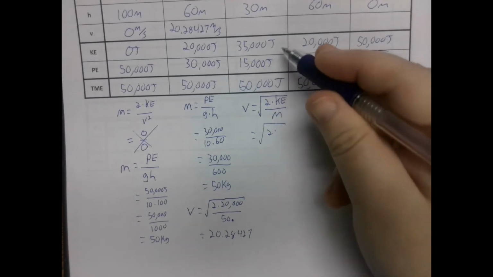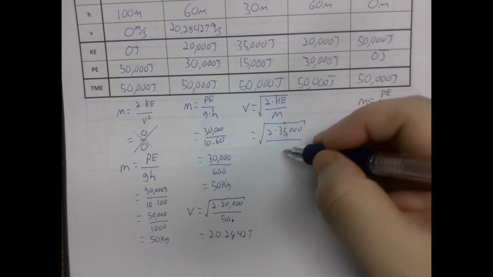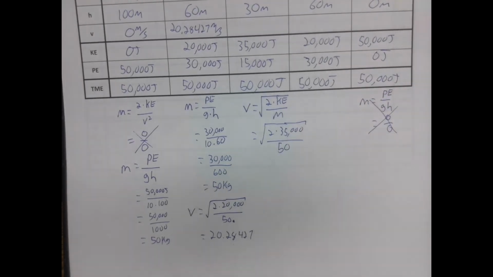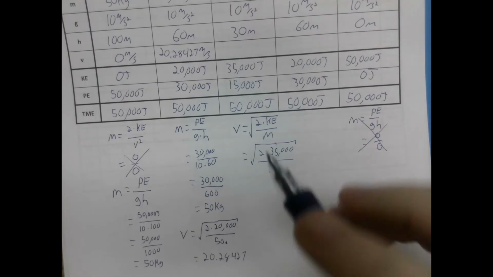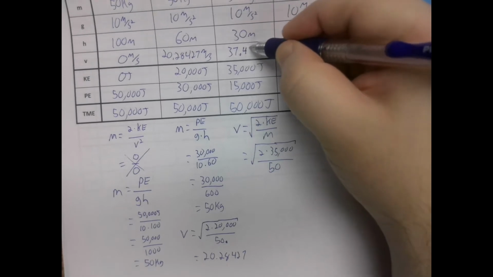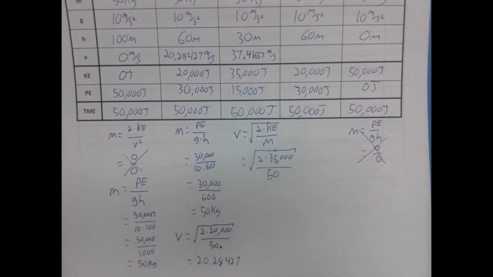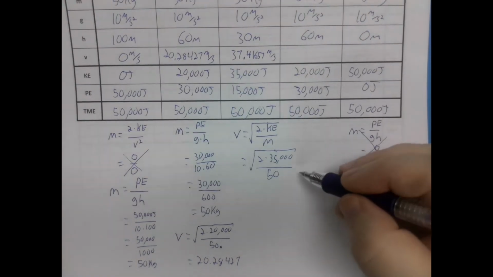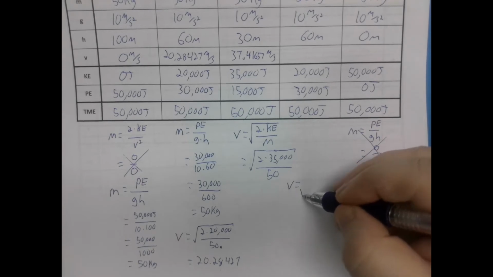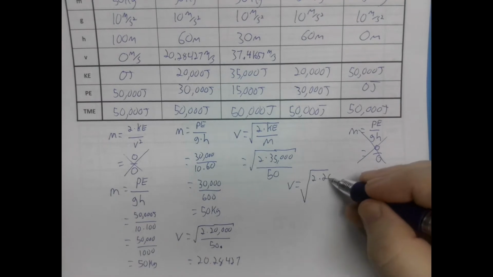For this problem, we can do the same. So 2 times the kinetic energy is 35,000. The mass is still 50. And we get a speed of 37.41657 meters per second. And we can do the same thing for this. So velocity is equal to the square root of 2 times kinetic energy, 20,000.